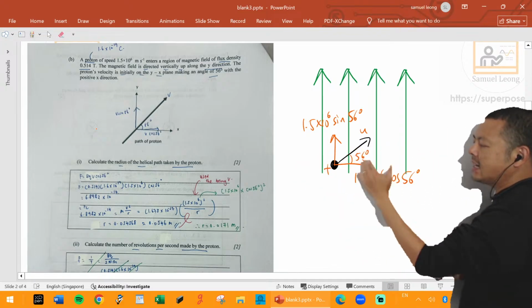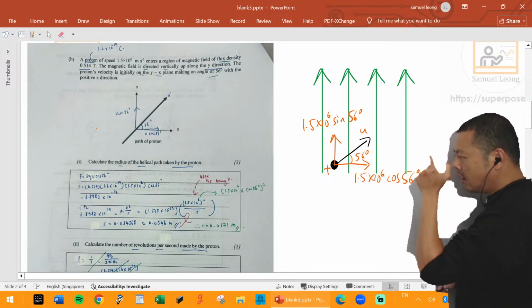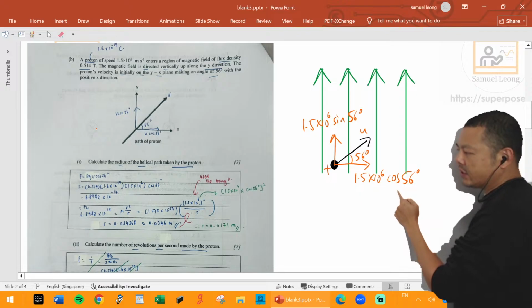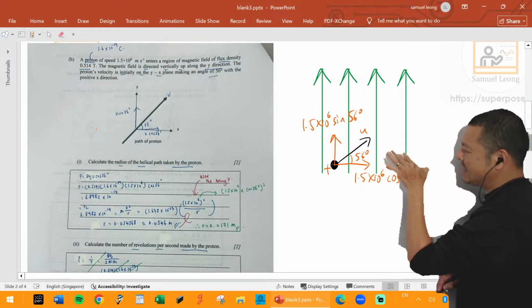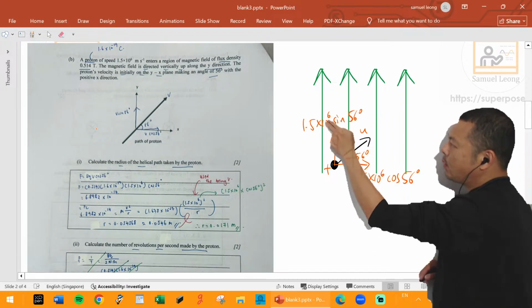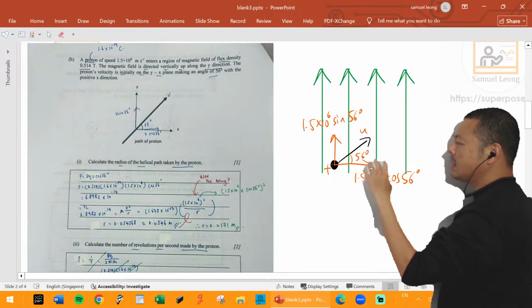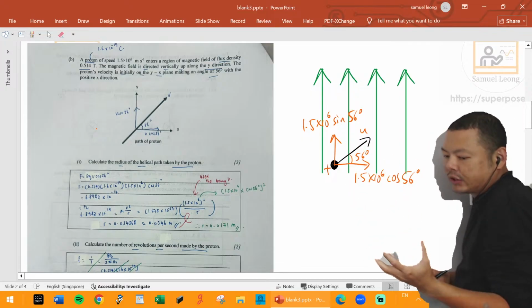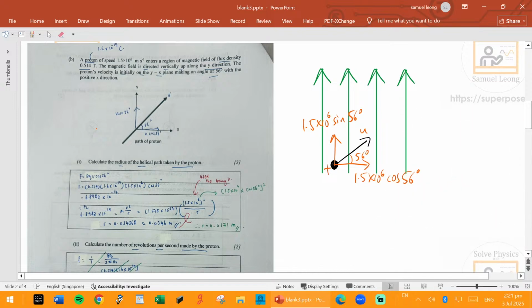Okay, and the circular motion is strictly due to this component of the velocity, 1.5 times 10 to the power 6 cosine 56, right? It's not due to that one, because that one does nothing. That one just pitches it forwards only. That's what helical motion is, right? Helical motion is circular motion with forward pitch.